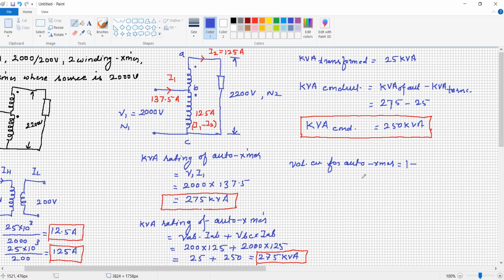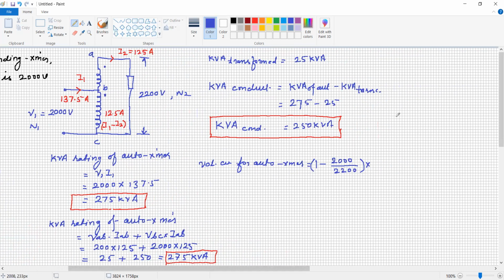So here it is 220, 200, N1 upon N2 or V1 upon V2 is 2000 upon 2200, multiplied by the volume of copper for two winding transformer.